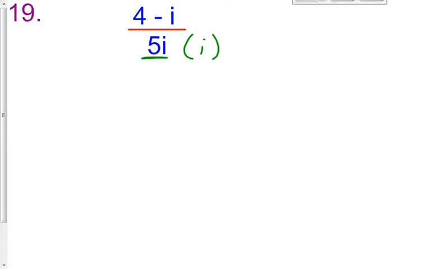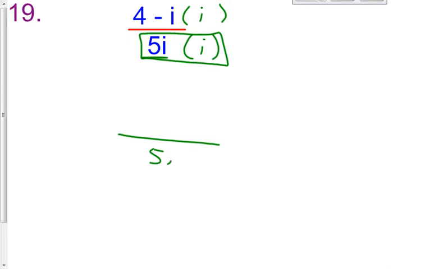What you do to the bottom, you must do to the top. So if I multiply the bottom by i, I have to multiply the top by i as well. Now we still have a fraction. In the denominator, 5i times i is 5i squared. In the numerator, here's a binomial, so you have to distribute. i times 4 is 4i, and i times -i is -i squared.